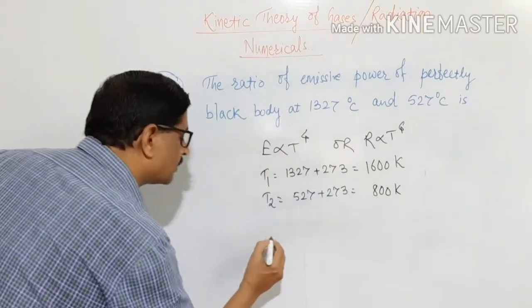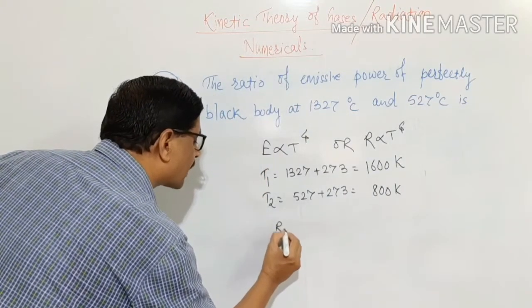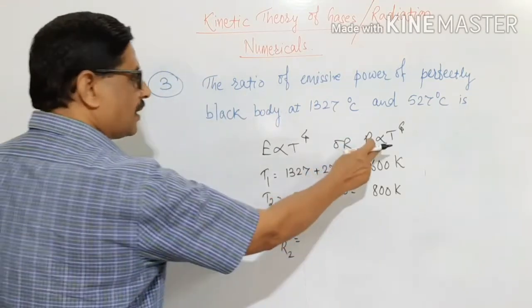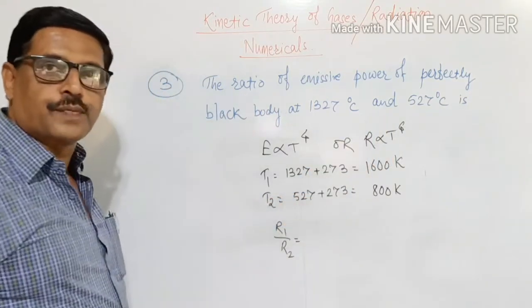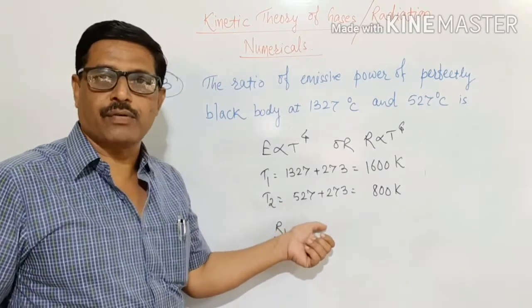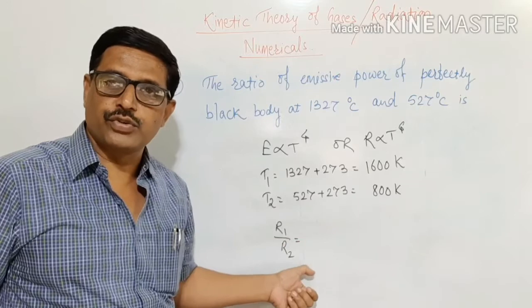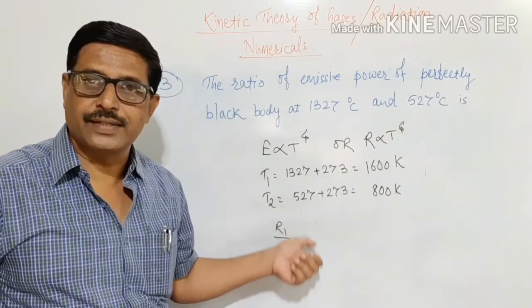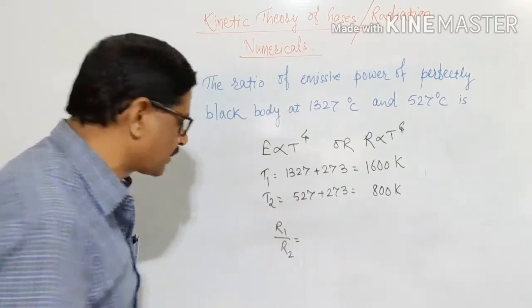Then the emissive power R1 upon R2 is equal to, as it is directly proportional to the fourth power of absolute temperature, R1 is equal to sigma T1 to the power of 4 and R2 is equal to sigma T2 to the power of 4. Sigma is the Stefan's constant and it is constant, therefore it gets cancelled.